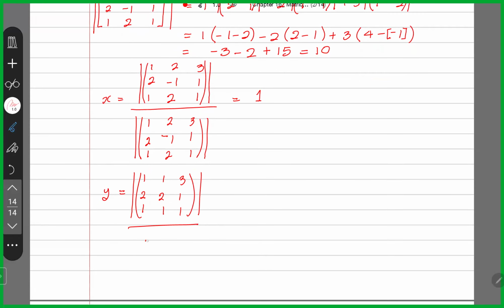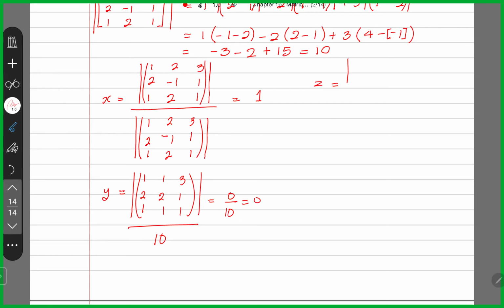What we said earlier is that if two columns or two rows of a square matrix are the same, we say the determinant is going to be equal to 0. So this is actually 0 divided by 10, which is 0. So y is 0.